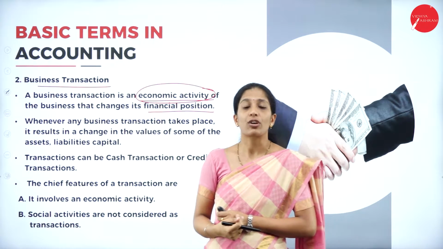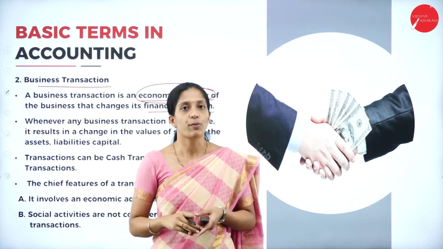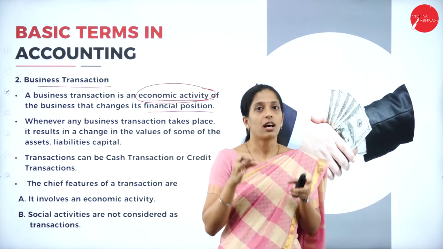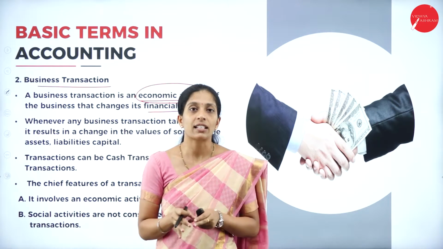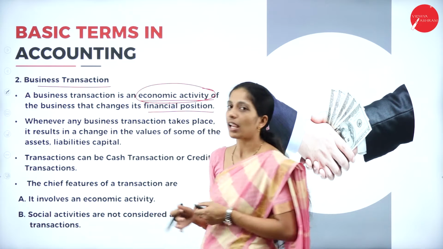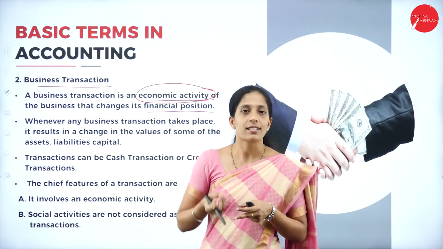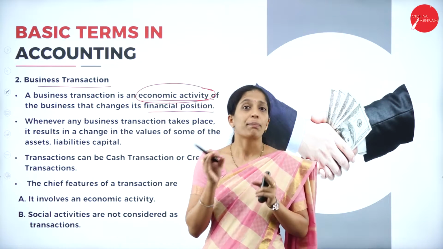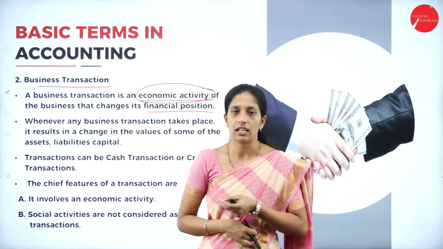So, of course, when they are going to earn the profit, it thereby changes the financial position of the business. Now, if we are going to speak about business transaction, it is an activity which can be measured in terms of money and it is an economic activity. So, we are doing that activity in order to get something in return. So, here business is an economic activity because we get profit in return.